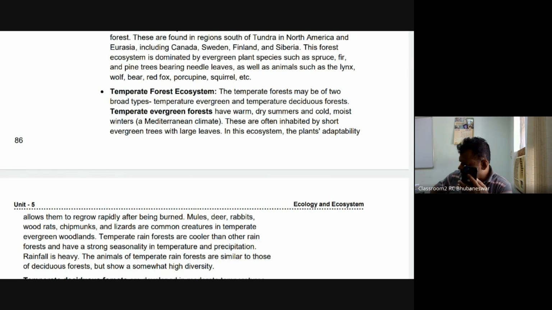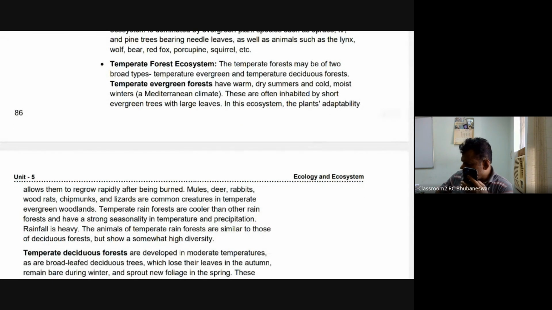And what are the different types of animals observed in these temperate evergreen forests? You do have mules, deer, rabbits, wood rats, chipmunks, lizards. These are common creatures of the temperate evergreen forest.